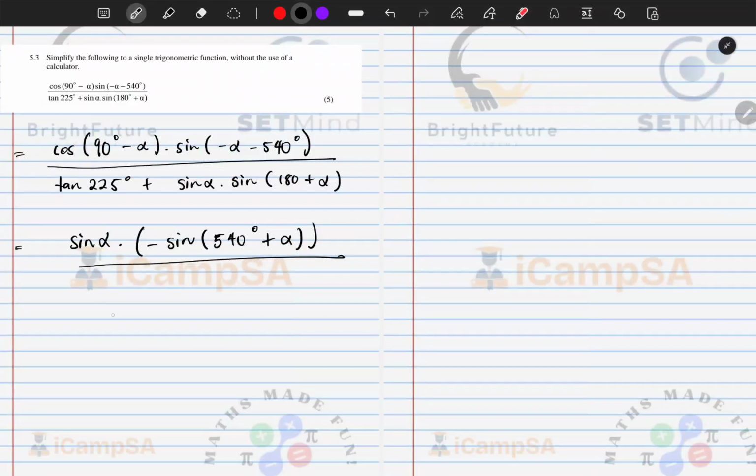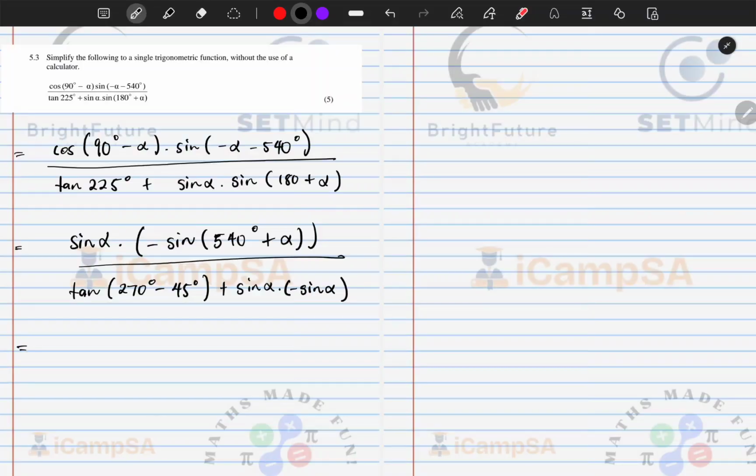So I can write tan 225 as tan(270 degrees minus 45 degrees), plus your sine alpha times, we can also simplify this, your sine(180 plus alpha). 180 plus is in quadrant 3, so that means this is going to be minus sine alpha.